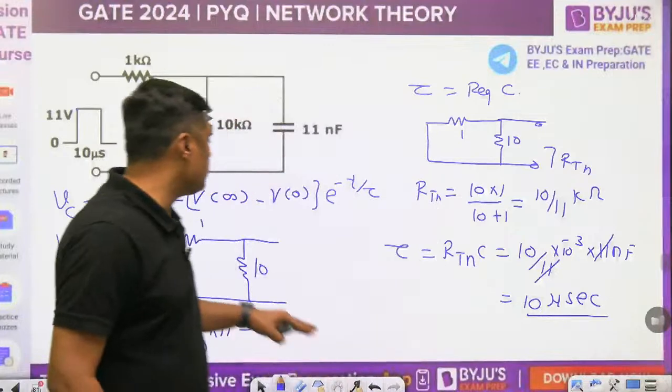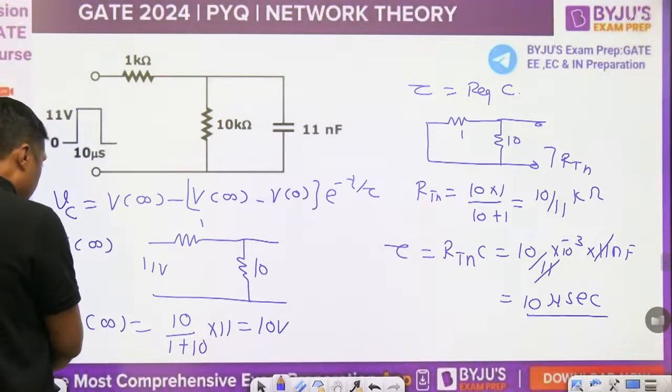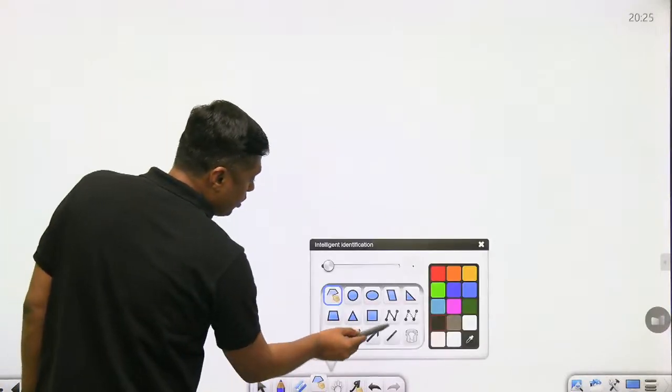And what is the duration of the pulse? It is also 10 microsecond. So we are getting only one time constant. What will happen when we give one time constant? This is the voltage across the capacitor.